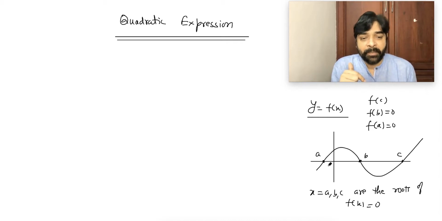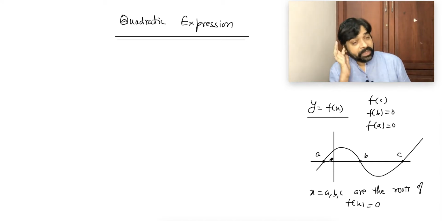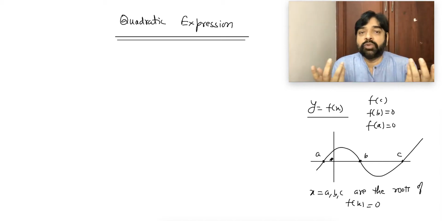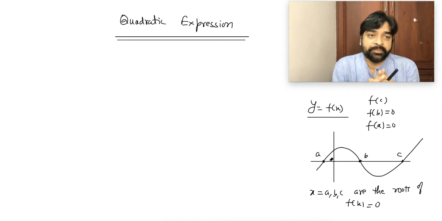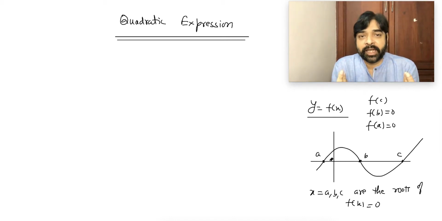How did we say this? By using the graph. Whenever they ask about the roots of p(x) equal to 0, some polynomial, try to draw the graph of y equal to p(x) and see where the graph intersects the x-axis. Those will be called the roots. If it's not going to intersect anywhere, 100% sure that p(x) equal to 0 will not have roots.